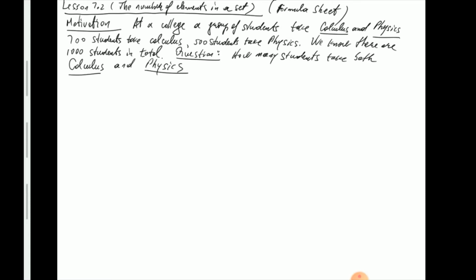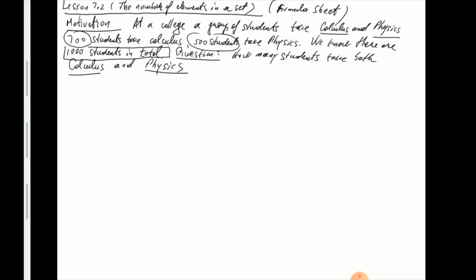So try to actually answer this question using your intuition. It's not that difficult in this case, but I want you to focus on how you formalize this problem using mathematical notations involving sets. That leads to the concept of the number of elements in a set. One clue: if you look carefully, the sum of the students taking physics and calculus exceeds the number of total students.